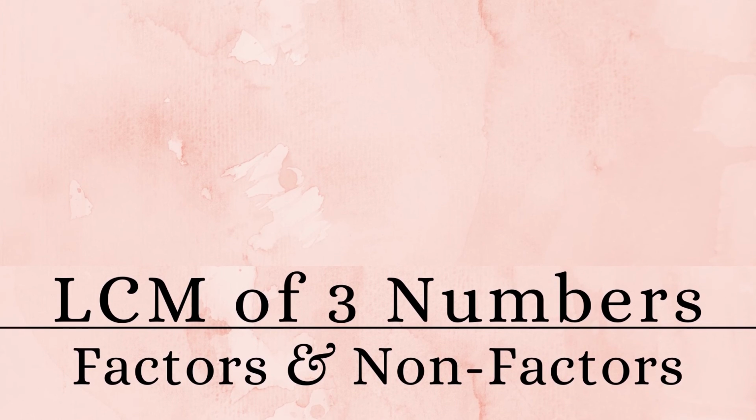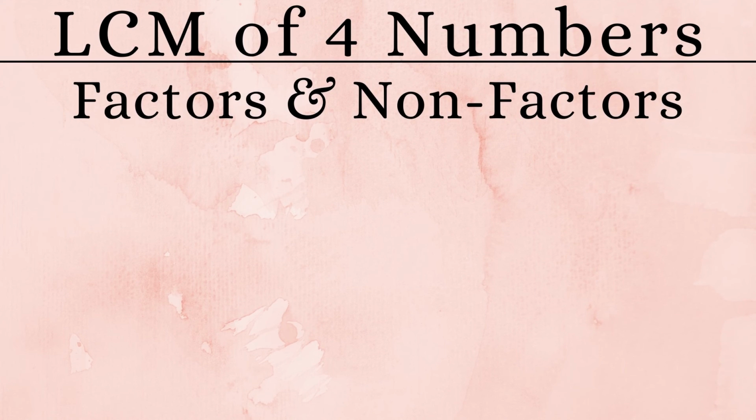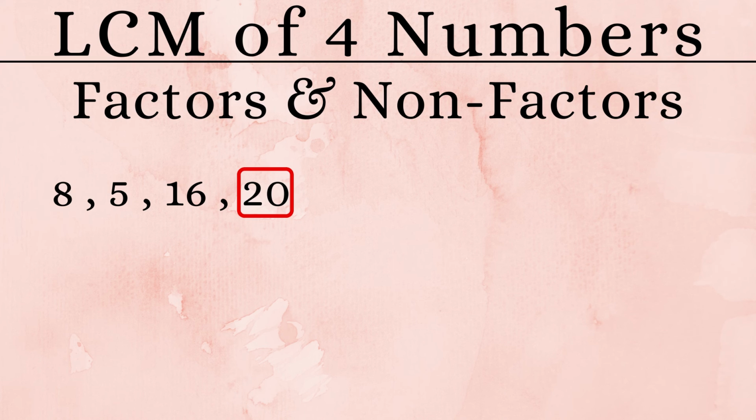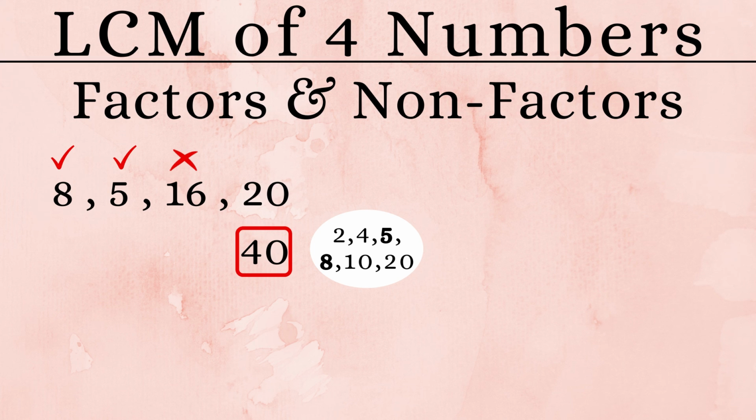Finally, let's find out the LCM of four numbers: 8, 5, 16 and 20. Largest number is 20 and its factors include 5 but not 8 and 16. So the next step is to find 20 into 2, 40. The factors include 8 and 5 but not 16.